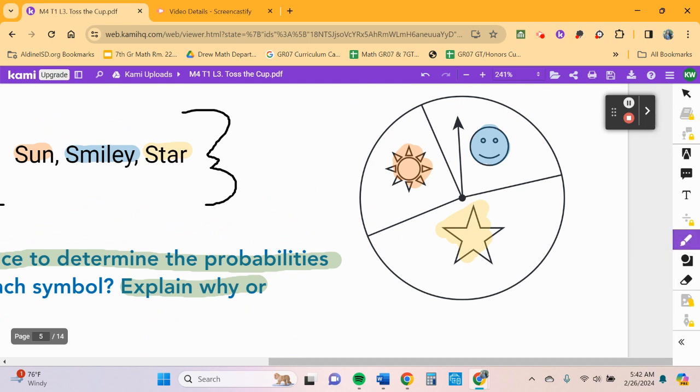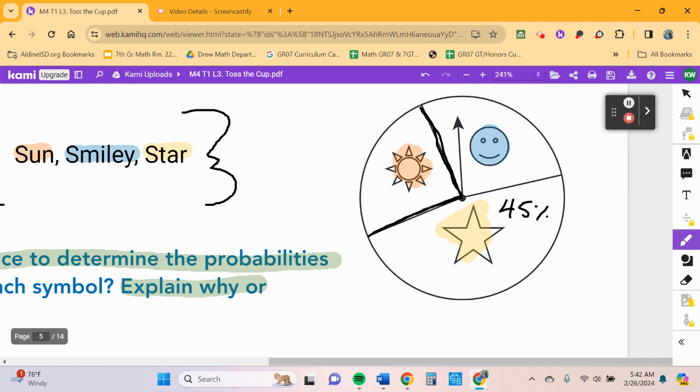So we said this was about 45%. And remember, all 3 of these have to add up to be what number? 100%, because all probabilities add up to be 100. So if I know that's about 45%, I'm just going to move on to this sun because I see that this is about a quarter of this circle.